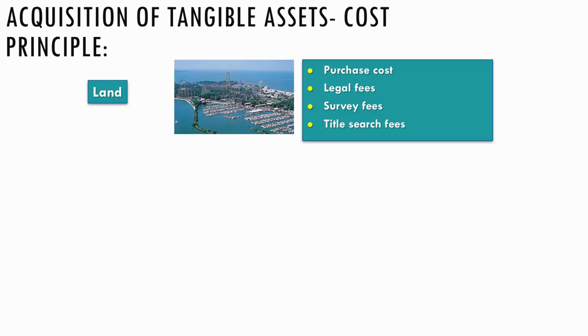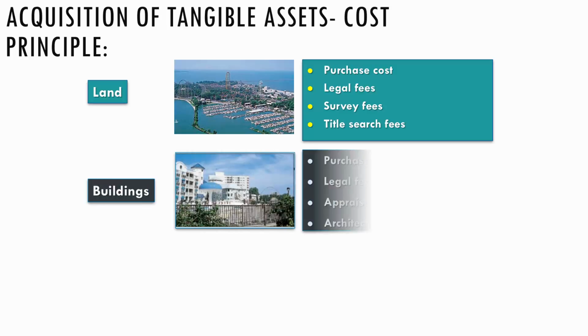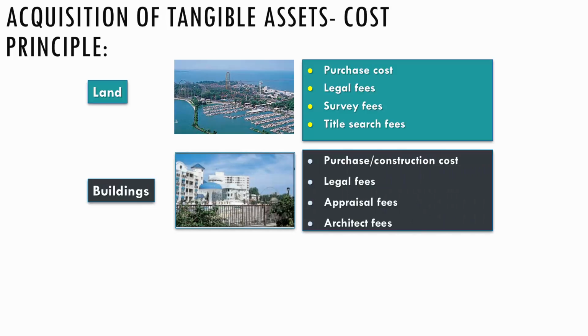For example, with land, if you have to have a survey or a title search done in order to acquire it because you're going to pay for it with a mortgage, those things can be capitalized. With buildings, let's say you're going to build a building. You need to have the architect come in and look at the building and come up with an appraisal of what needs to be done.